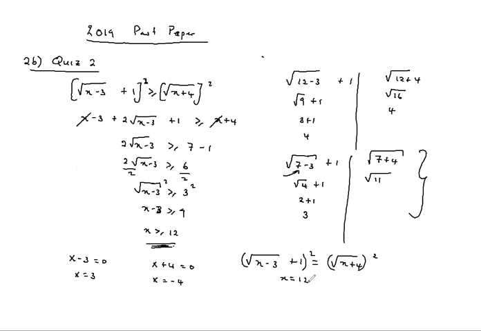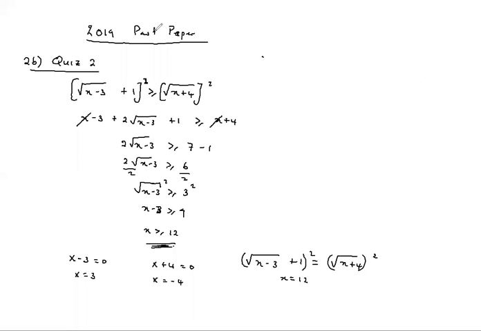And then you form a table using this. So there's -4, there's 3, there's 12. So you pick a number here, say 13. You pick a number here, say 5.